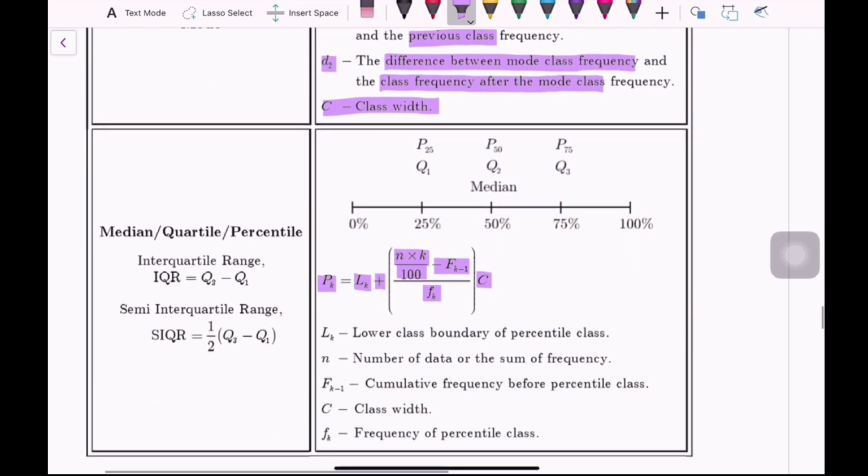For median, quartile, and percentile, we use the formula for Pk. P stands for percentile.